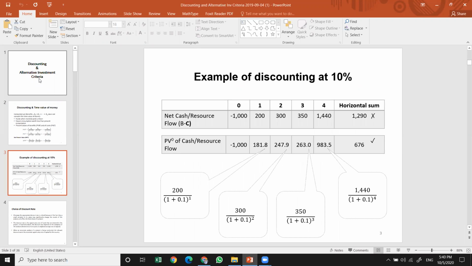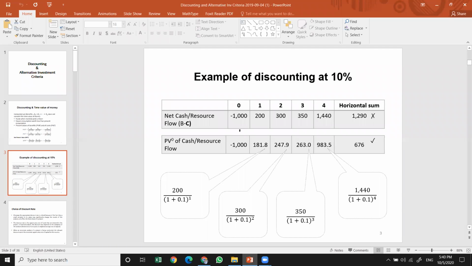So, an example of discounting at 10%: discounting means that you're bringing everything to year zero, or bringing anything to the current year. As you can see on the slides, 200, if you want to discount it, you're bringing it to year zero.